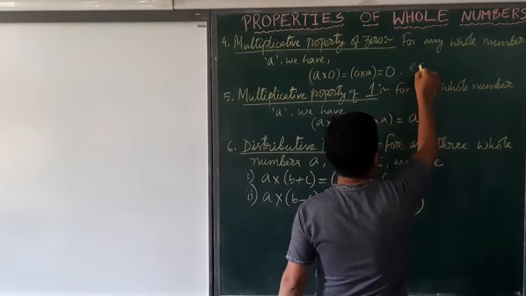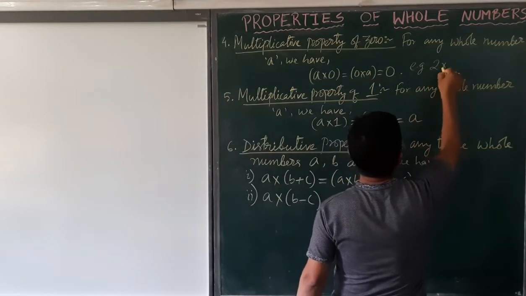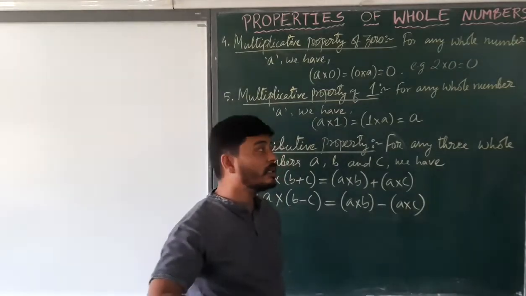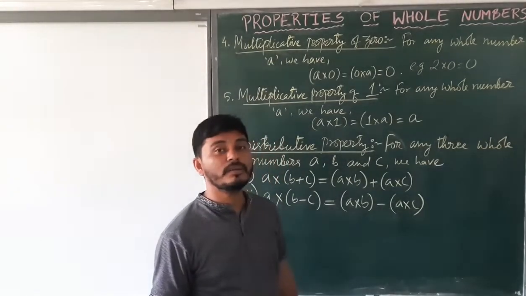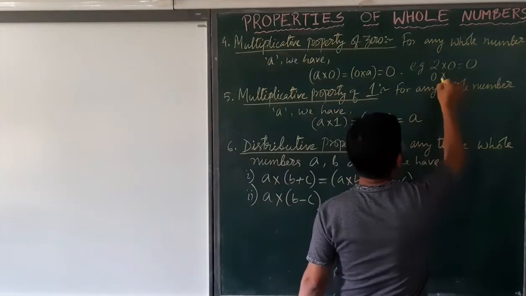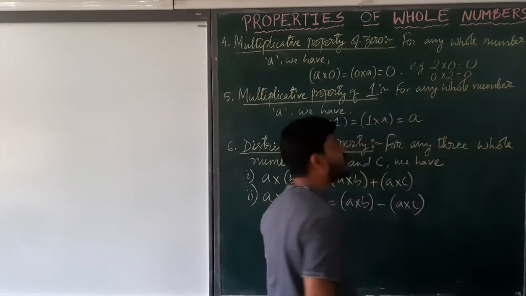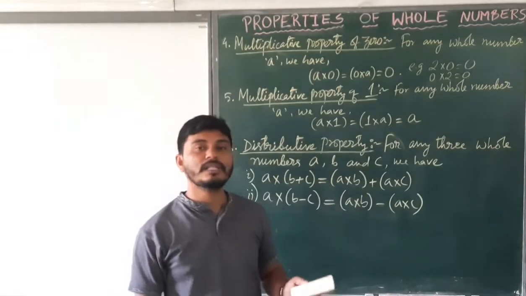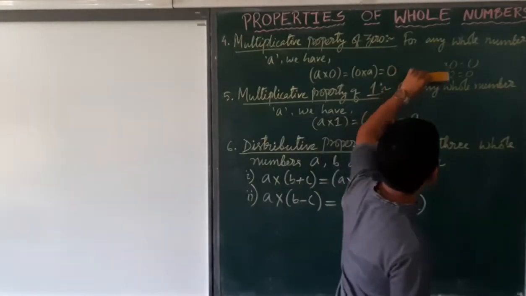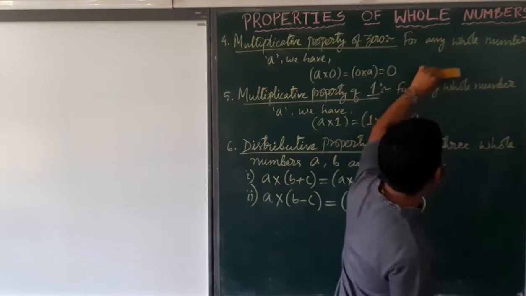See, for example, any whole number, say 2, if multiplied with 0 is 0. Or 0 multiplied with any whole number is also 0. 0 into 2 is also 0. In the same way, any whole number 10, 20, 15, 25, 35, if multiplied with 0 is 0.